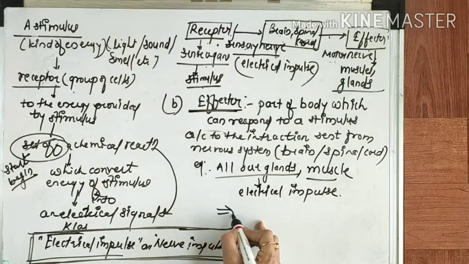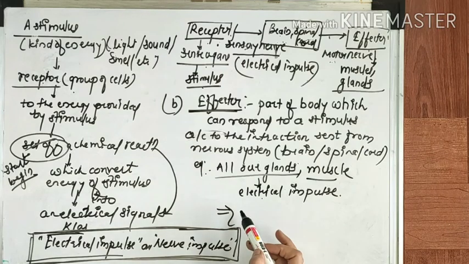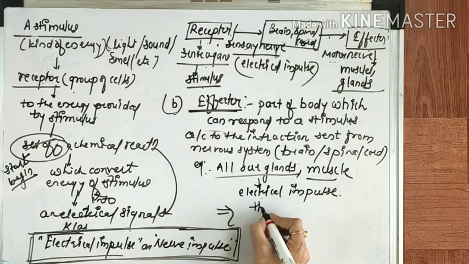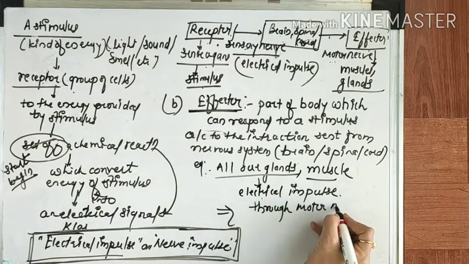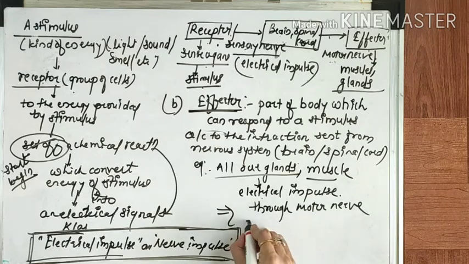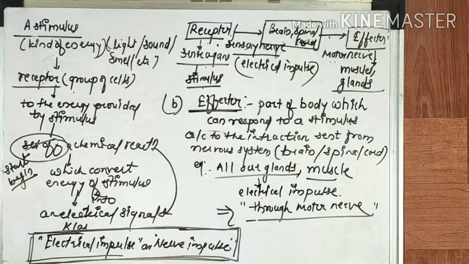Now, what does this effector do? It responds to the information, and that information is sent from the brain and spinal cord. But how? Through the motor nerves. Understood or not?